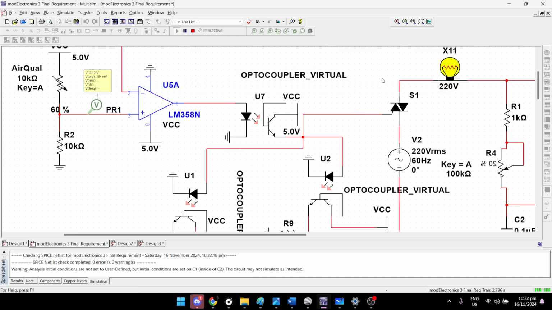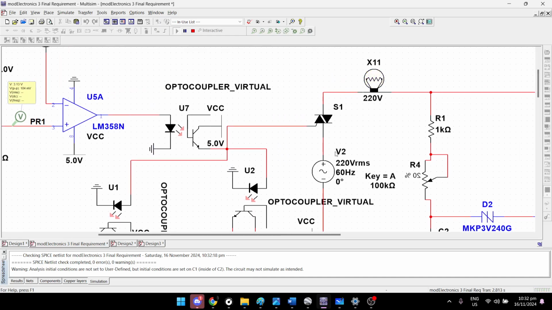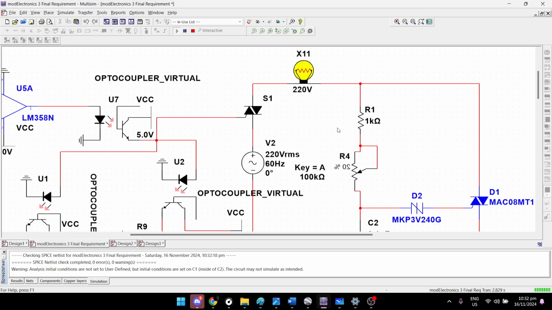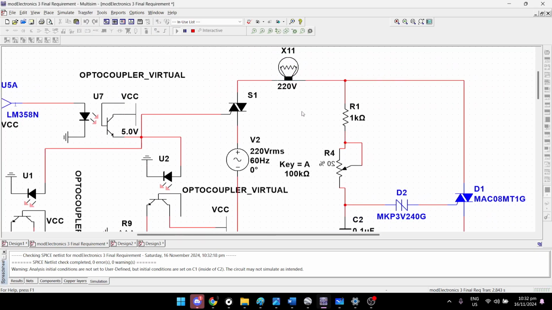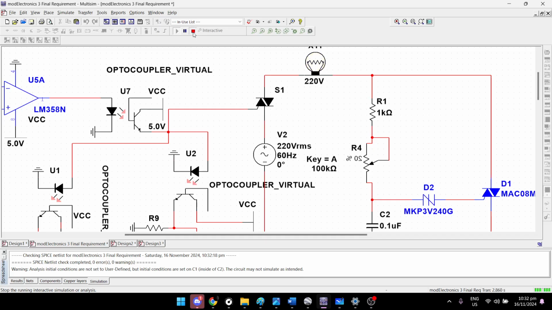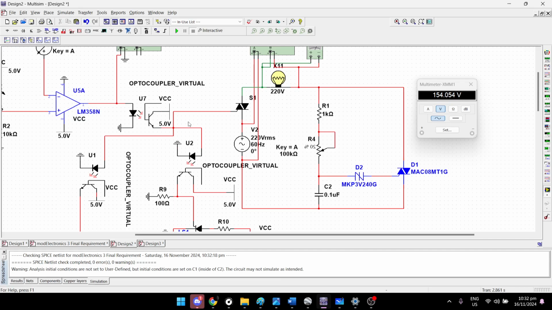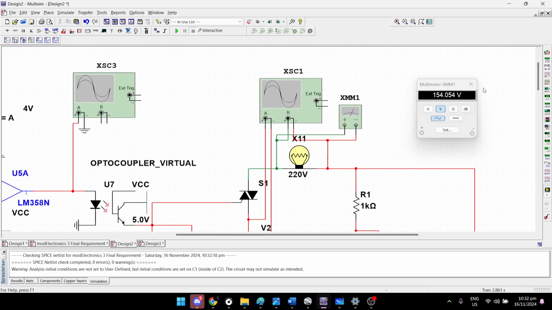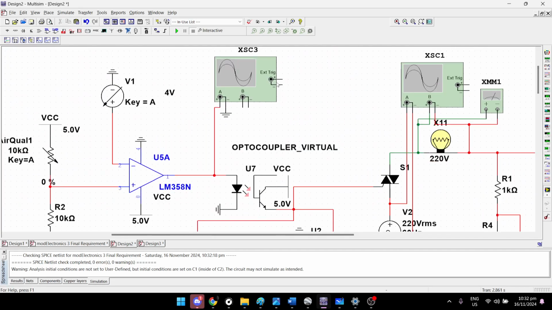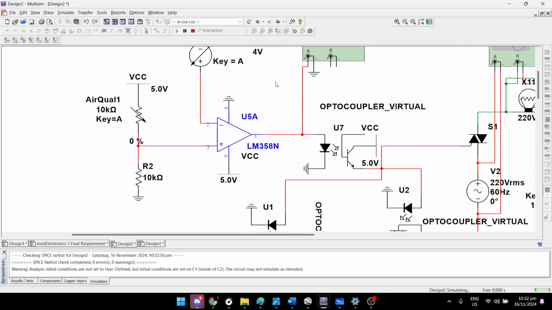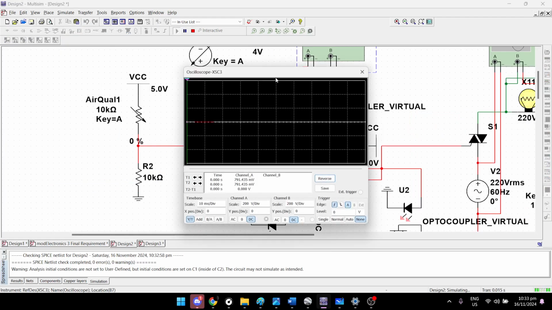Now, with the optocoupler powered on, the AC here is finally conducting, and with that, it's doing the phase control now. So let's check the output of the phase controller here in design 2, where I plug in so many meters. Oh, actually, here we can see the output of the comparator.